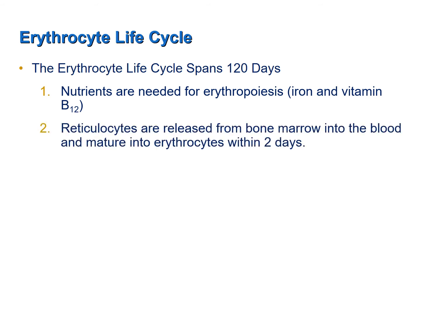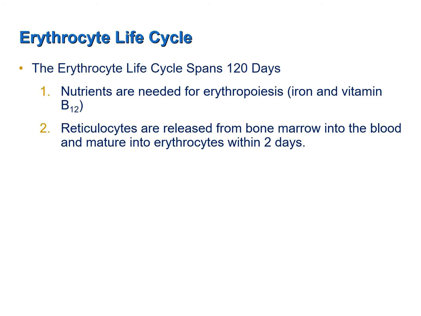It's called a reticulocyte due to the network of ribosomes that's found in the cytoplasm. Those ribosomes are busy producing hemoglobin. Within 2 days after a reticulocyte enters the bloodstream, it ejects most of the remaining organelles and becomes a mature red blood cell.